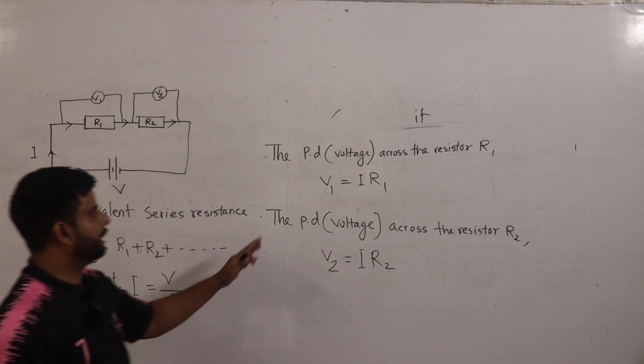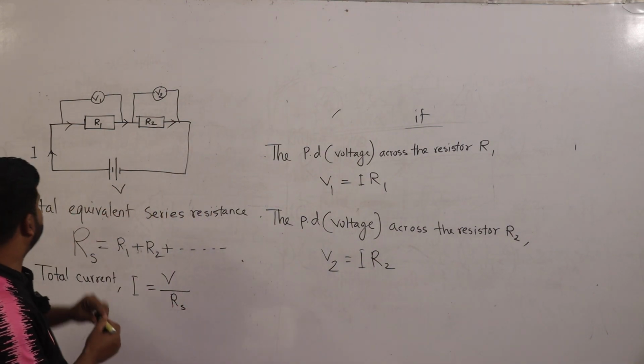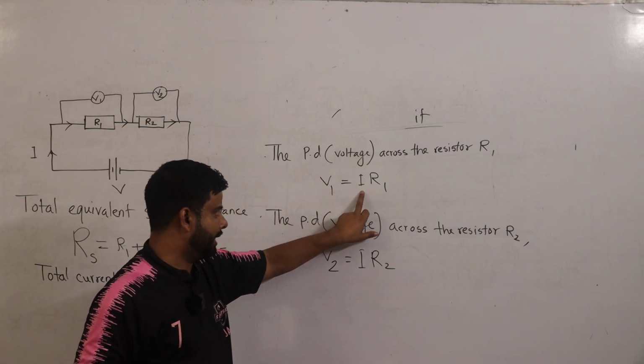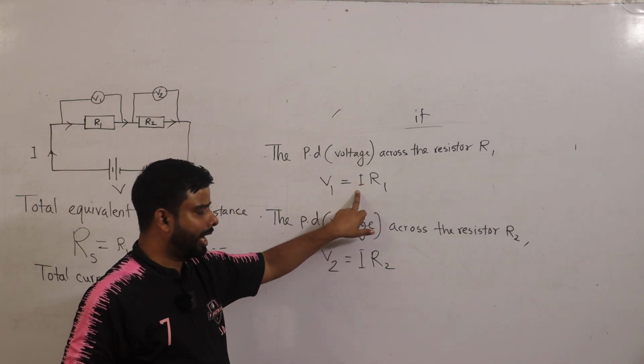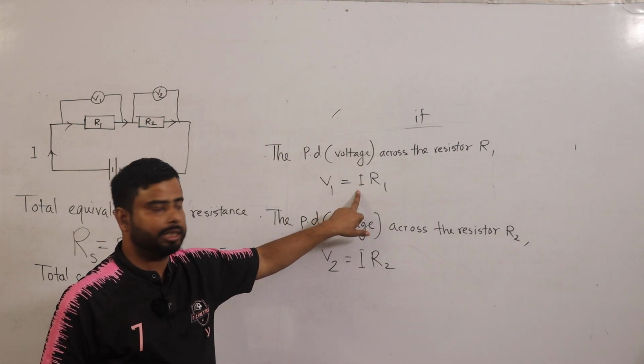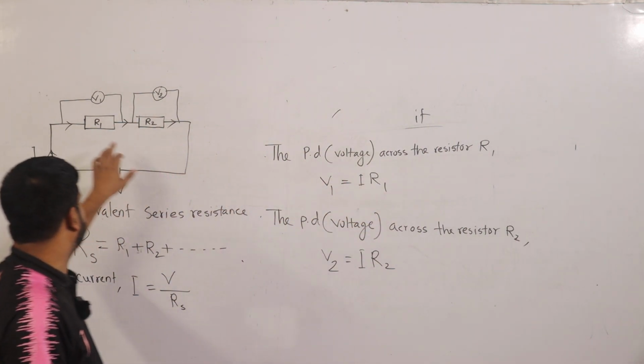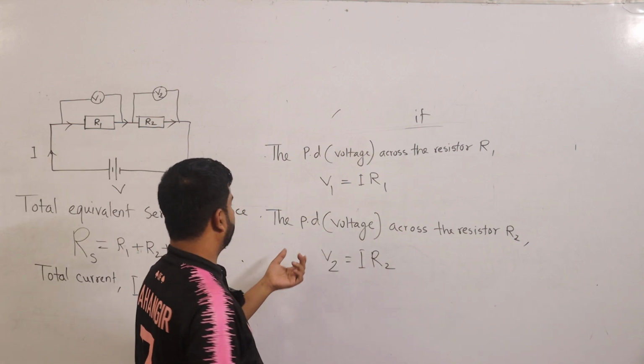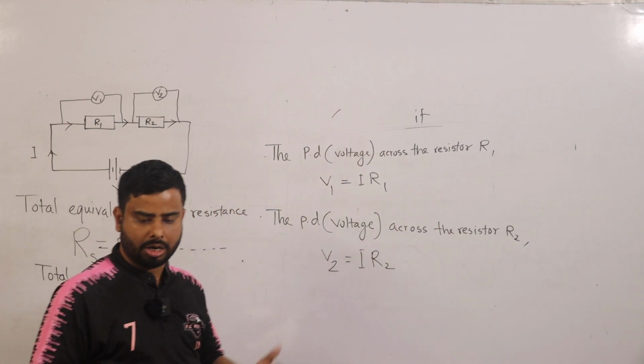I is the total current in the series circuit, and R1 is the resistance of the first resistor, and V2 equals I into R2.